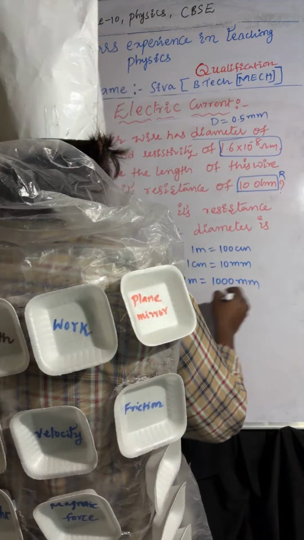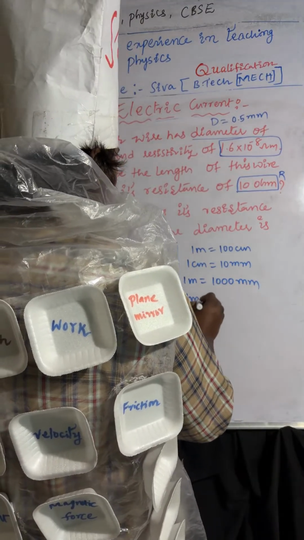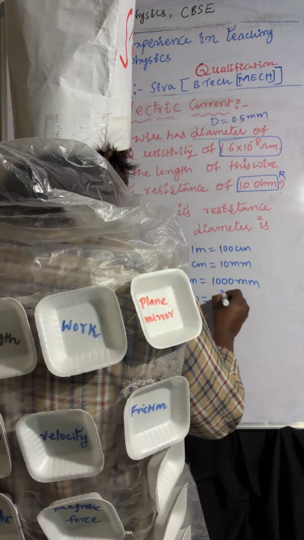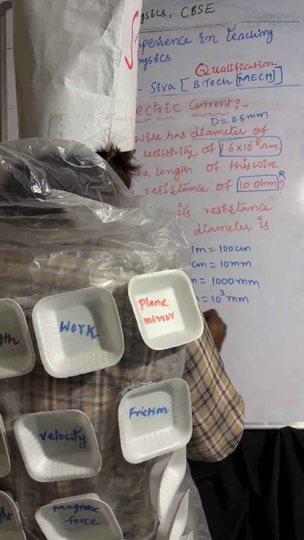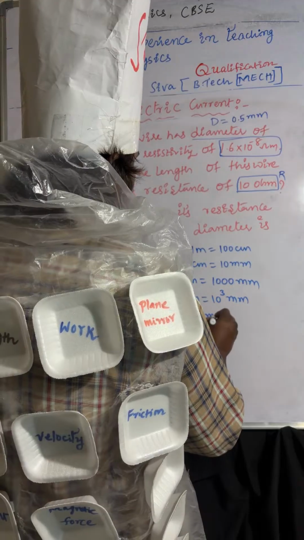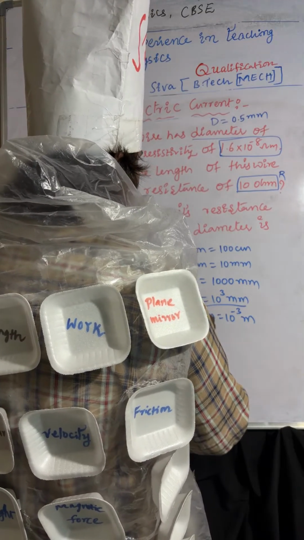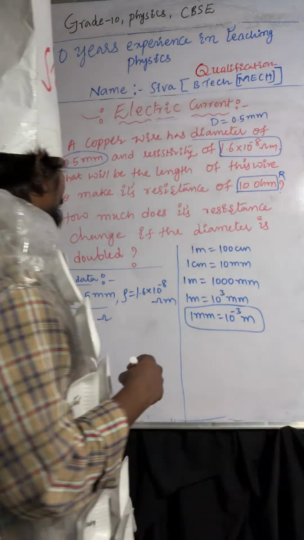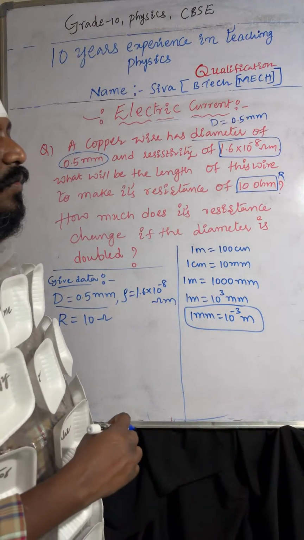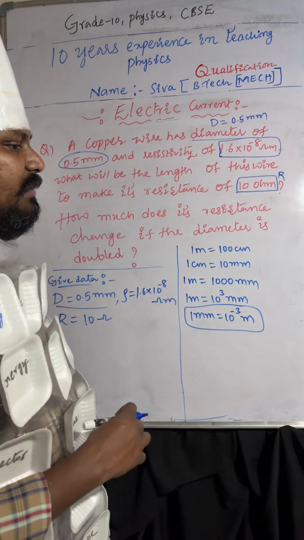So 1 meter equal to 10 power 3 mm, then 1 mm equal to 10 power minus 3 meter. Understood?